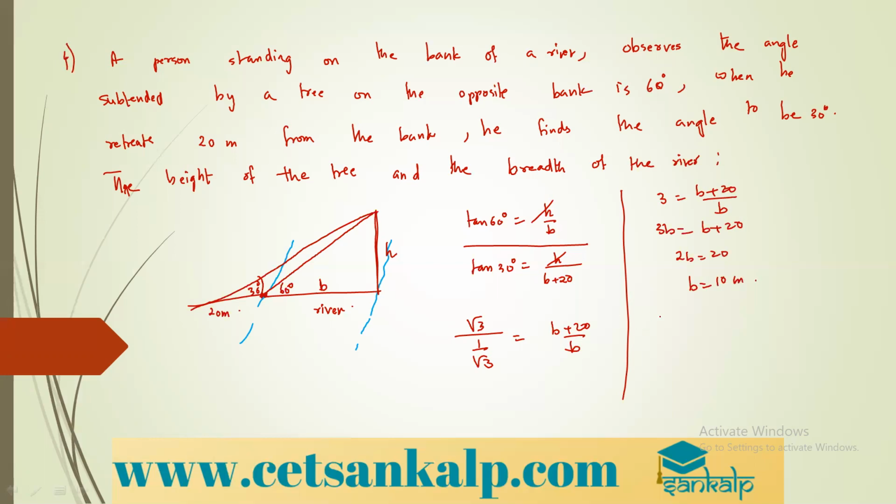Once you get the breadth, you can take tan 60 degrees equal to H by B. Tan 60 is root 3. Height of the tree is H. Breadth of the river is 10. So height of the tree is 10 root 3 meters.